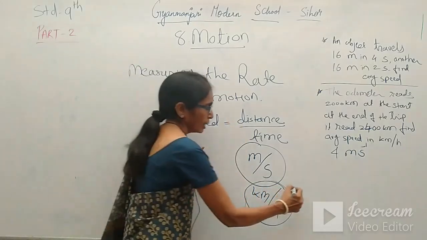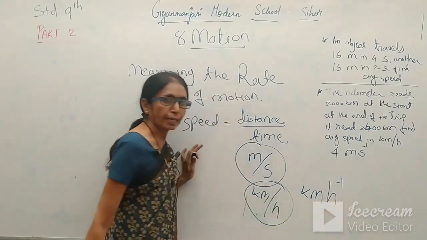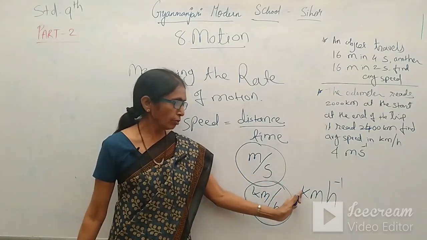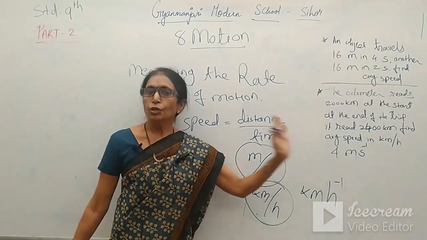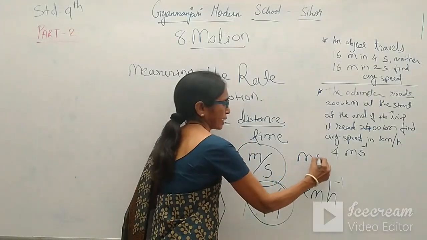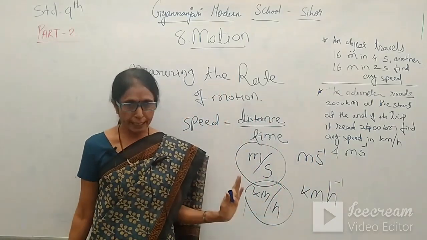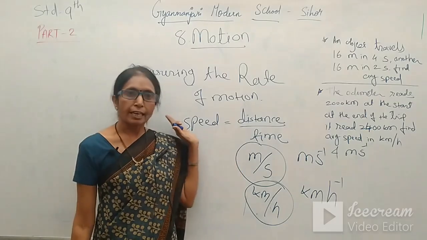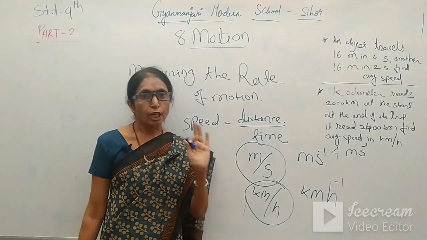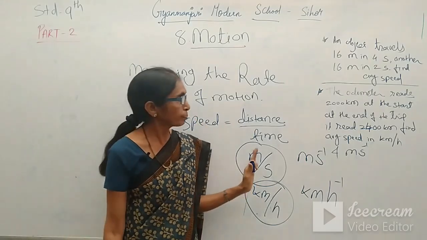We can also write it as kilometer per hour raised to -1. These both are the same. Also, meter second raised to -1. So, these are the units of speed, a scalar quantity that does not require direction for the complete description.